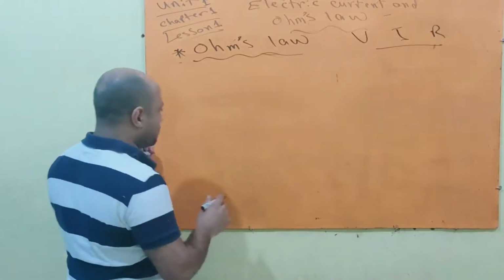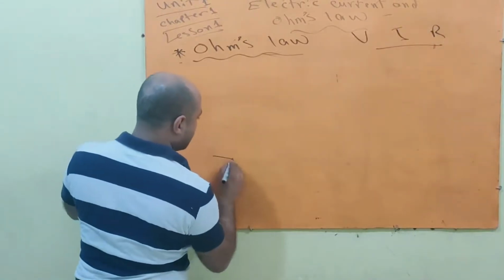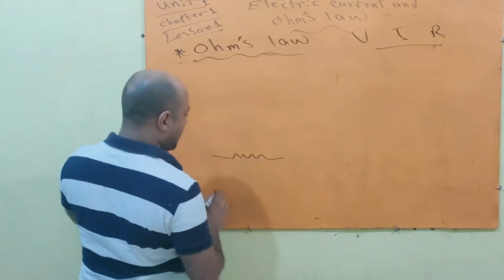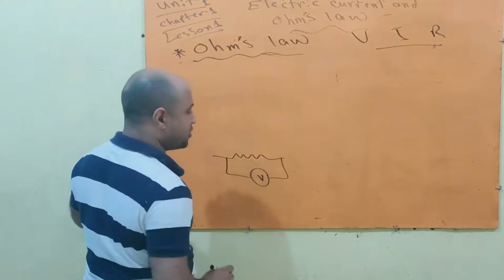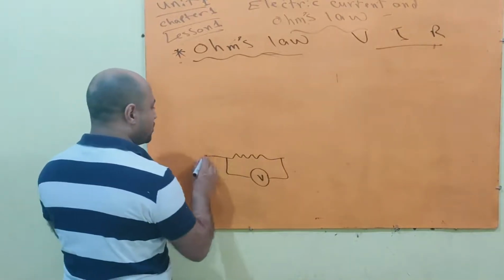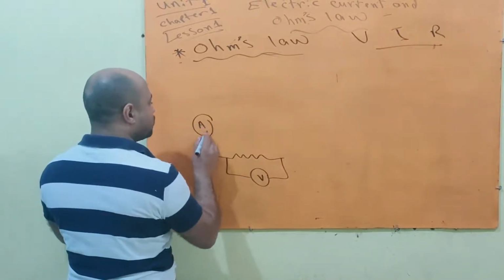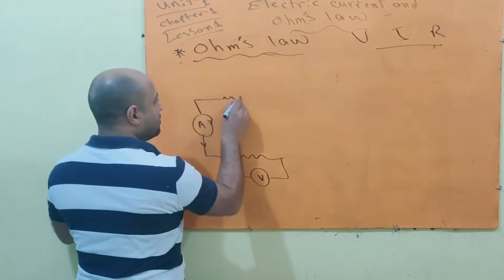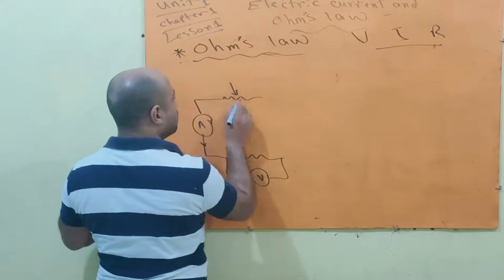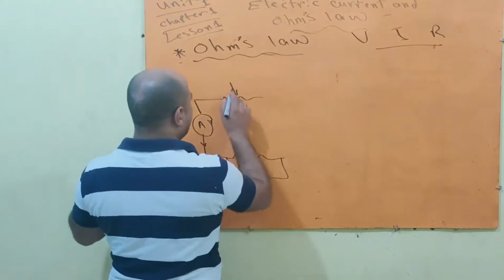The circuit of Ohm's law: we have an electric voltmeter, the device that is used to measure the potential difference between the two terminals of the conductor, and we have an ammeter to measure the electric current that flows through the circuit, and a rheostat to control the electric current that flows through the circuit.